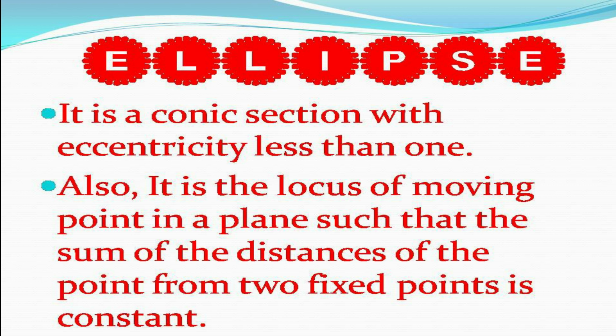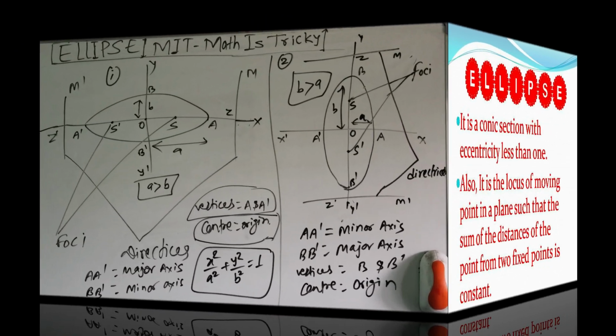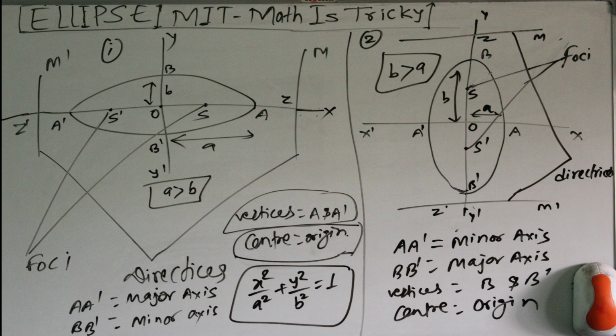Okay, so let's see some figures and try to understand more about the ellipse. So let's see the figure here. In the figure you can see that the equation of ellipse is x square by a square plus y square by b square equals 1. So if the value of a is greater than b, we will get a horizontal ellipse.